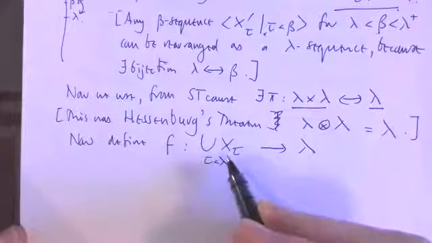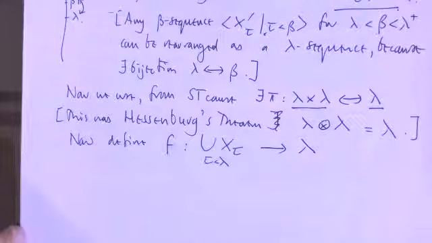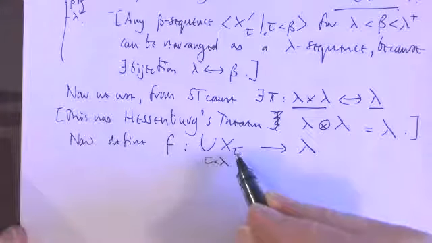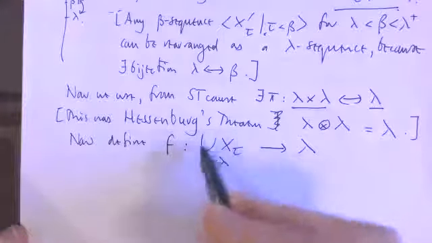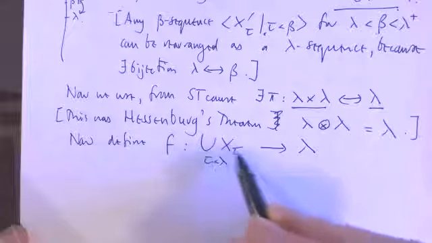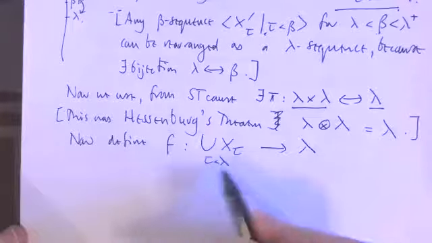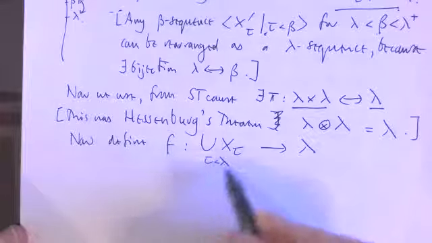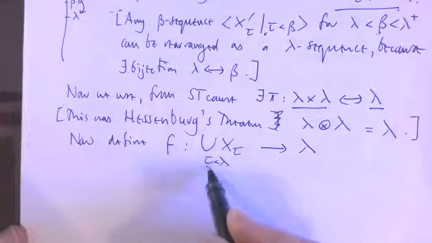I pick an element of this. The x tors may overlap; I haven't said they have to be disjoint. So I pick an element in here, and I just look for the least tor such that it's in that x tor.